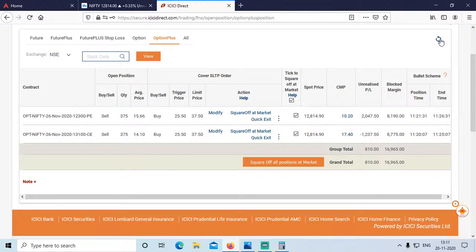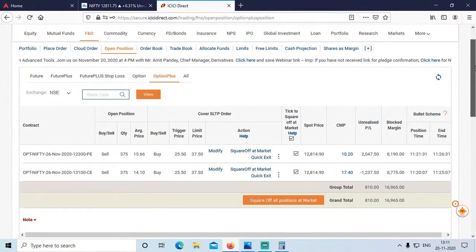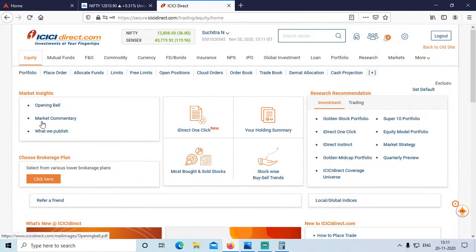I hope now you got how much is the brokerage for ICICI. Tell me if you understand it. For brokerage, what you should do is, in ICICI, go to choose brokerage plan, go to equity or something.